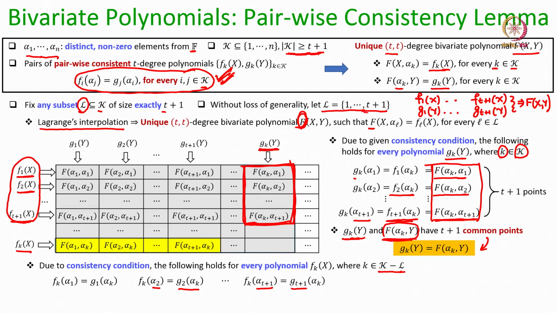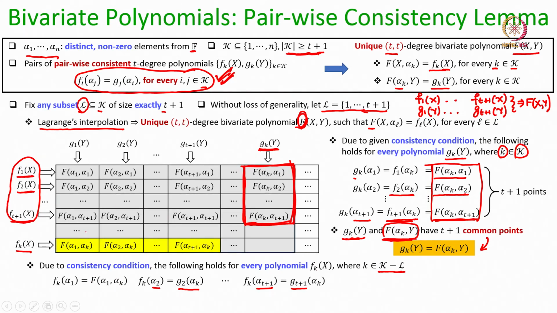Now, what can I say about g 1 evaluated at alpha k? Well, g 1 evaluated at alpha k is nothing but a point on the bivariate polynomial, namely the point f of alpha 1, alpha k. So, I can rewrite this equality like this.